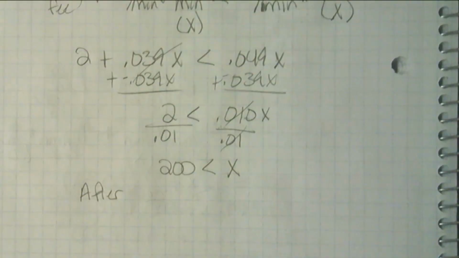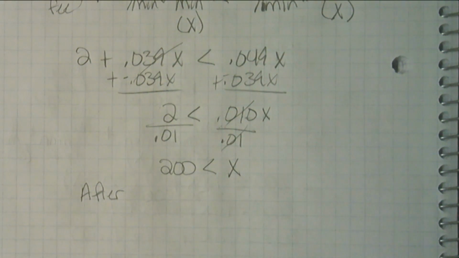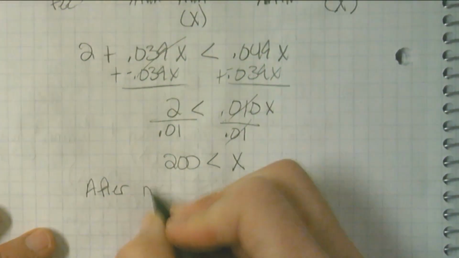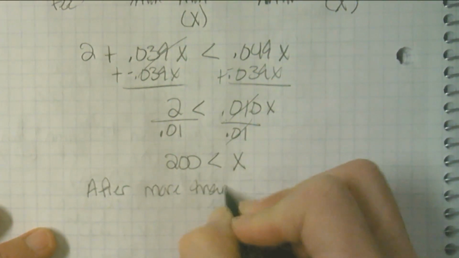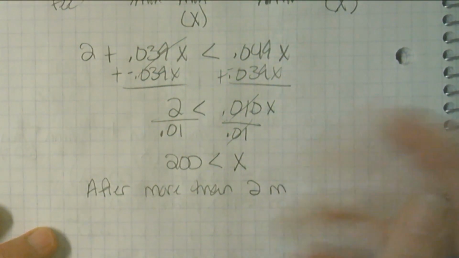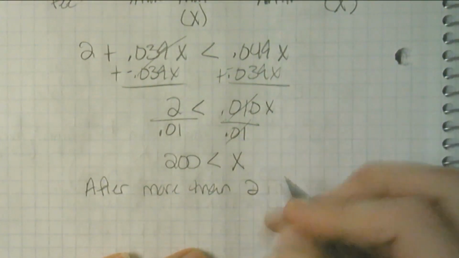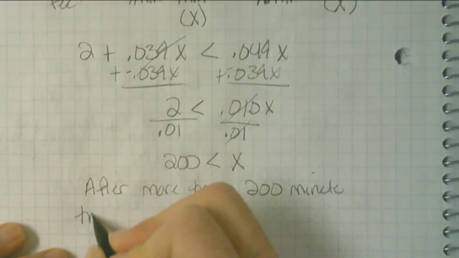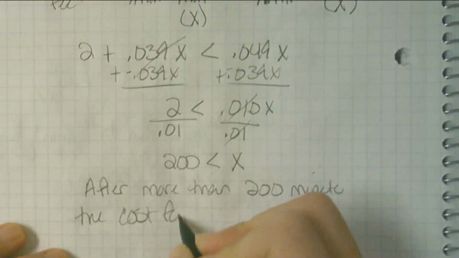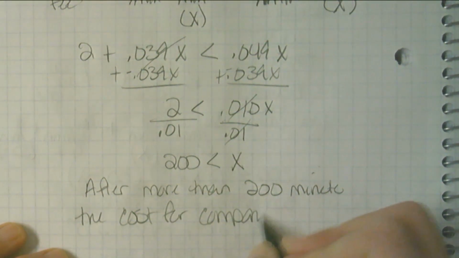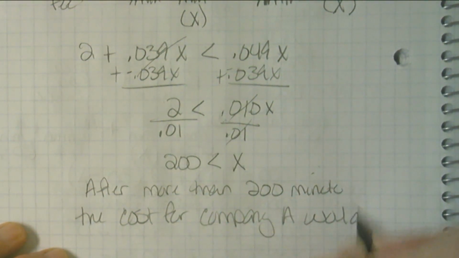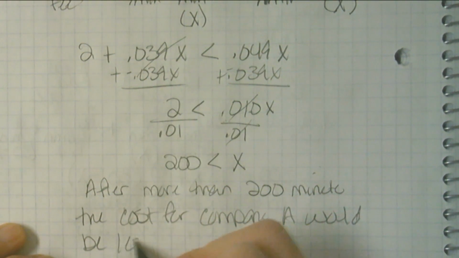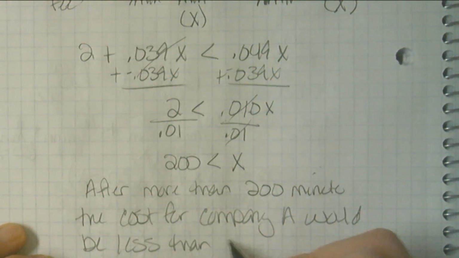That would be if it was equal to as well. So how about after more than 200 minutes, the cost for company A would be less than the cost for company B.